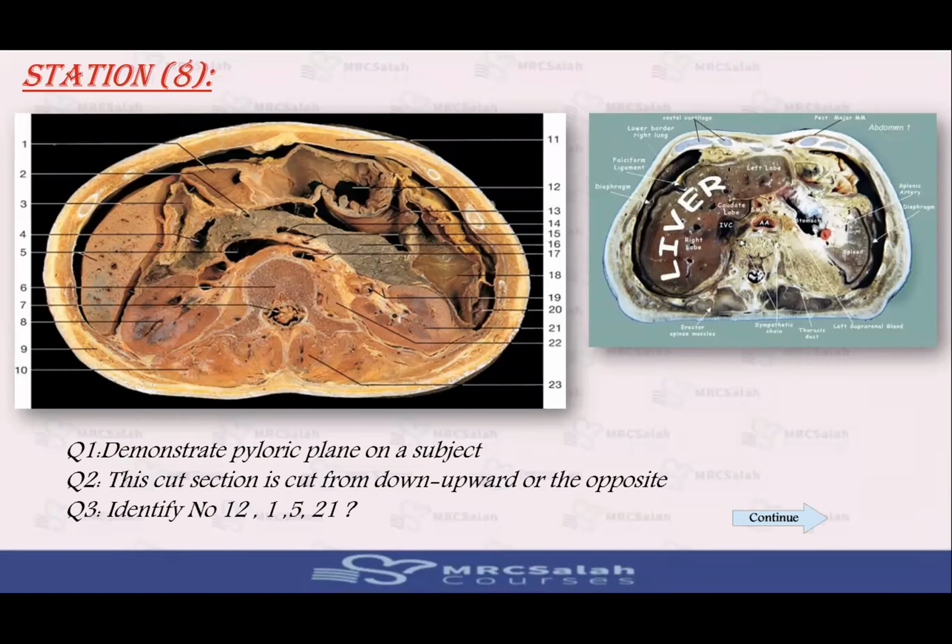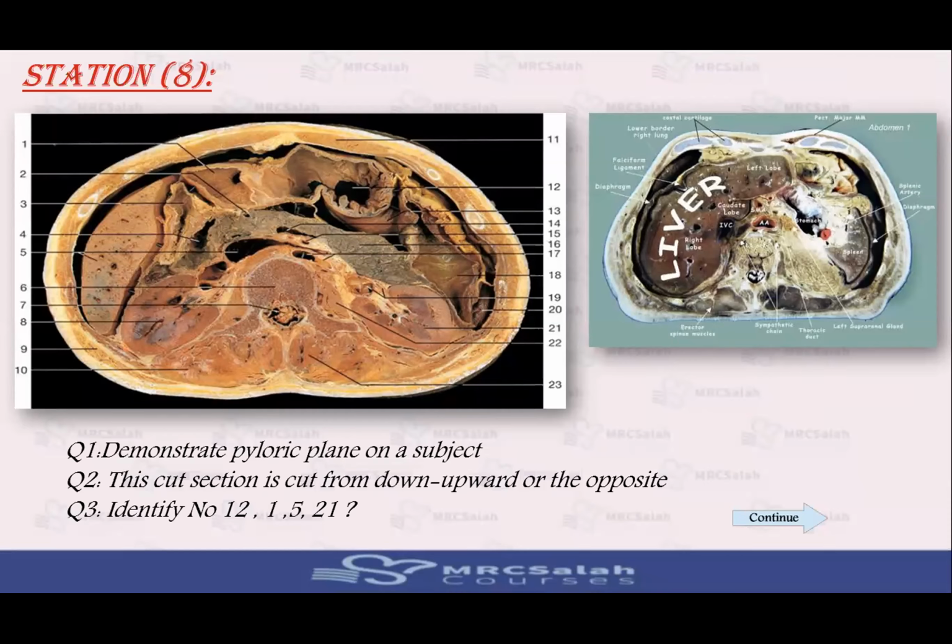Okay, can you identify structure number 12? Body of the stomach. Okay, what about structure number 1, Dr. Abdurrahman? Number 1 is, I think, pyloric antrum. Yes. Structure number 5? Liver.